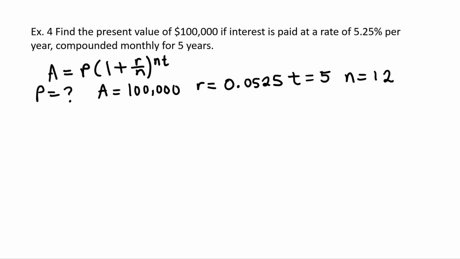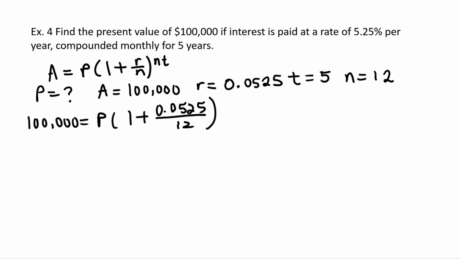Now let's put the numbers in for the variables in the formula. So we will get 100,000 is equal to P times 1 plus the rate 0.0525 divided by 12, raised to the power of the product of 12 times 5. Let's continue. Use your scientific calculator to compute 1 plus 0.0525 divided by 12.